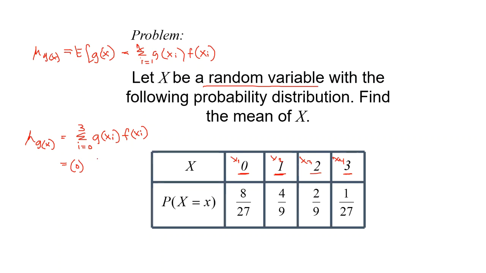That is multiplied by our f of x sub i, or the probability, which is 8 over 27, plus, since this is just a summation, you just have to add them together, 1 times 4 over 9, plus 2 times 2 over 9, plus 3 times 1 over 27.